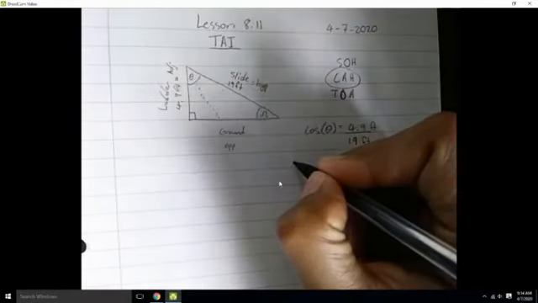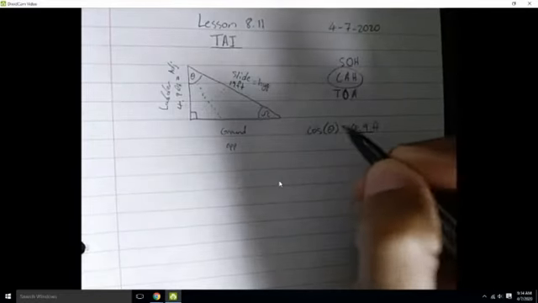From yesterday's lesson, we figured out that in order to find the angle in question, we have to do the cosine inverse of both sides.